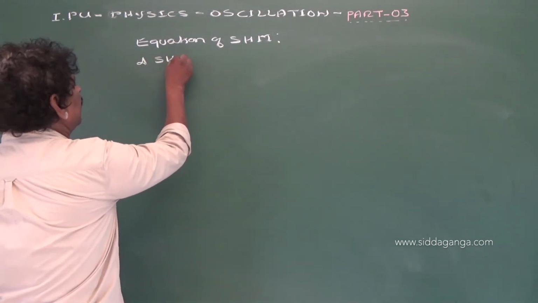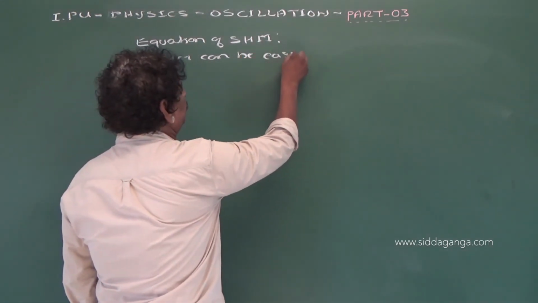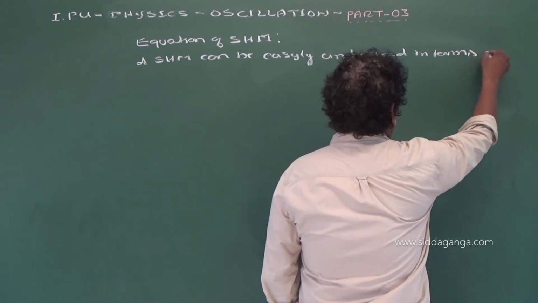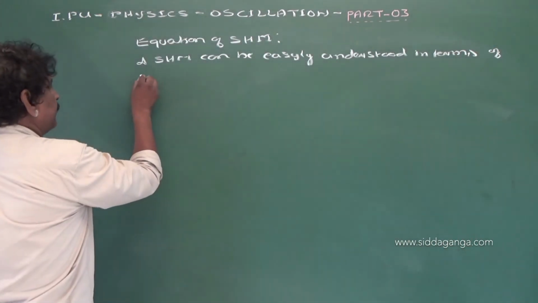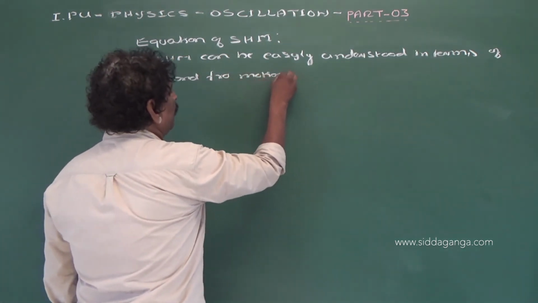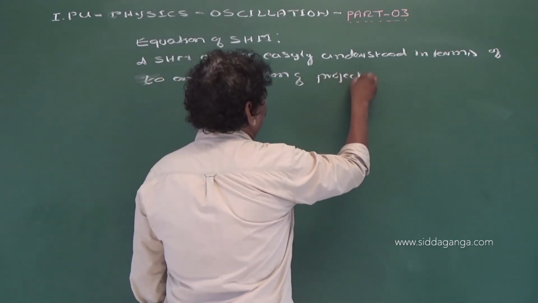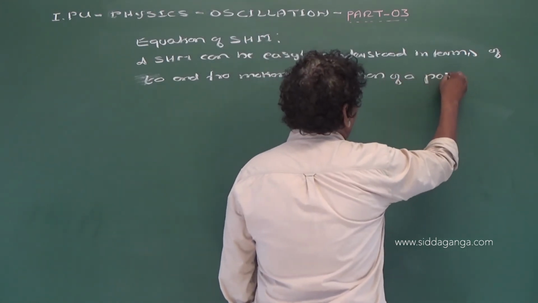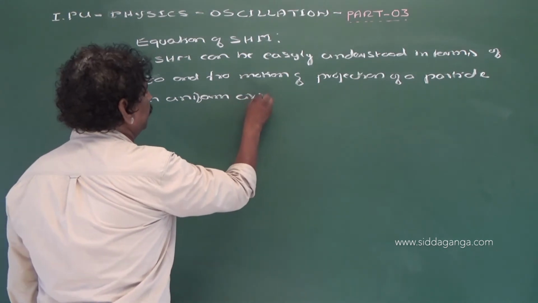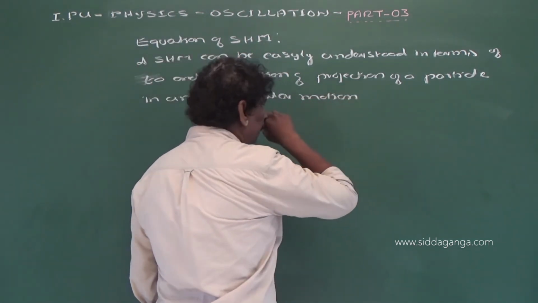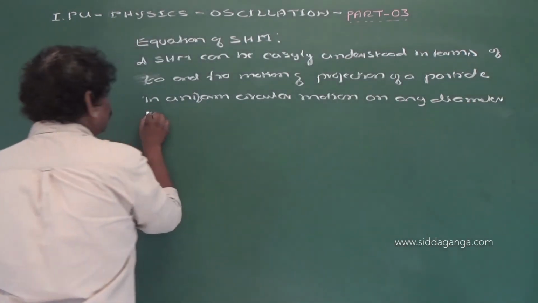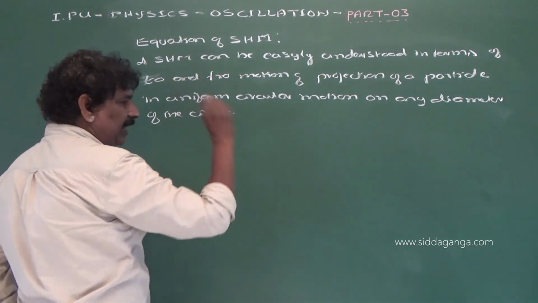So a simple harmonic motion can be easily understood in terms of to and fro motion of projection of a particle in uniform circular motion on any diameter of the circle, right.